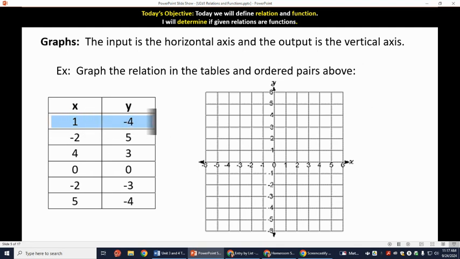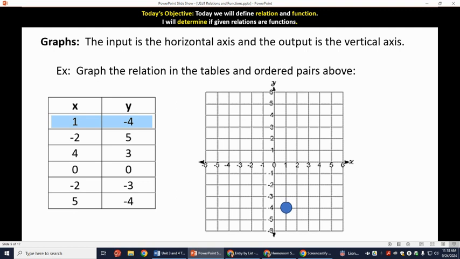Okay, so if I want to graph that first one, 1, -4, it's at an x value of 1 and a y value of -4. So if I start from my origin at 0, 0, everything's 0. My x value is 1, so I think about where 1 is on the x-axis, and my y value is -4, so I go down equivalent to where that -4 is.